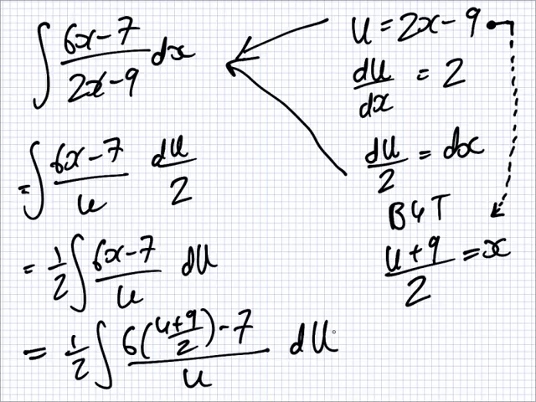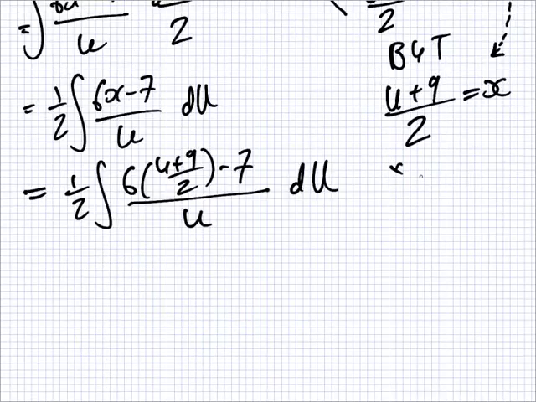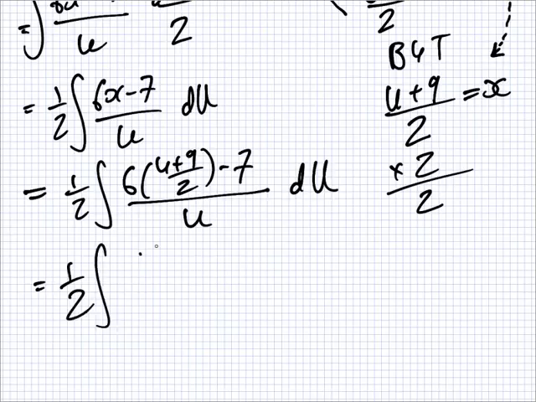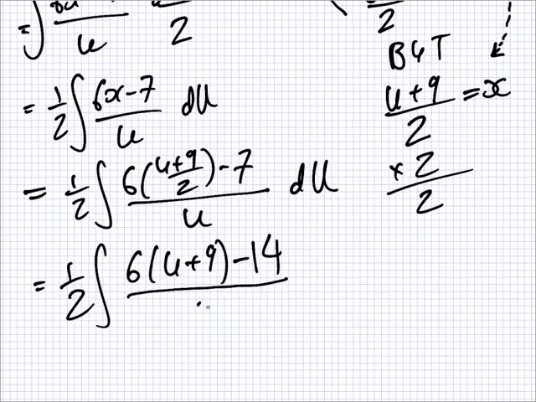Now, if you want to make this easier, you can multiply the top and the bottom by 2. So here you get a half, 6u plus 9 minus 14 over 2u du. And again, this 2 can be divided: 2 into 2 once, 2 into 6 3 times, 2 into 14 7 times.